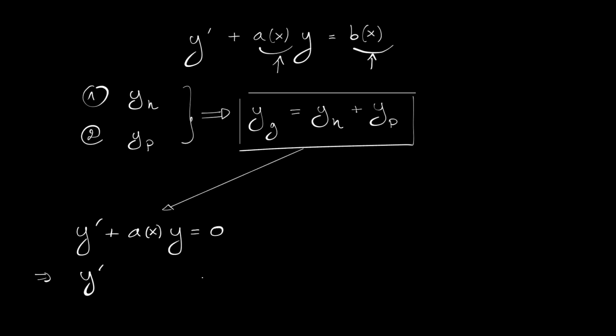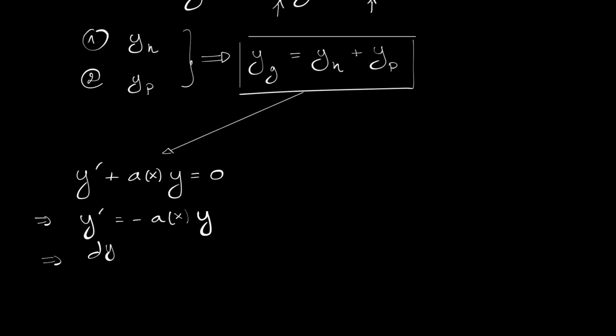If we move the second term to separate the variables, we can write this, then this, then we write the y terms on one side and on the other side the x terms.